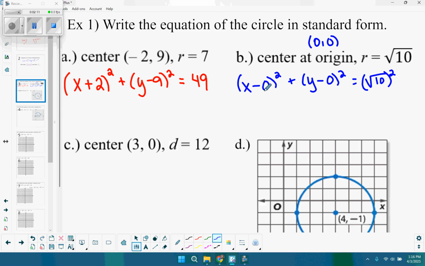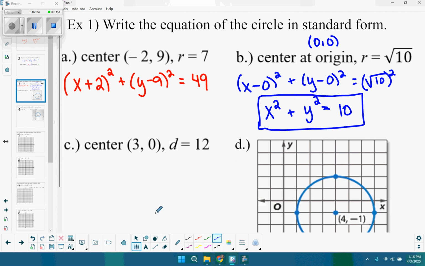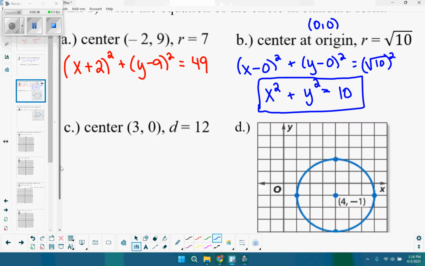Also, x minus 0 is just x, so this is the only case where we will be able to simplify a little bit. Instead of writing x minus 0, we can do x squared plus y minus 0 is y squared equals the square root of 10 squared. If you recall, the square and the square root essentially cancel each other out, so we're just left with 10. And that would be the equation of that circle in standard form.